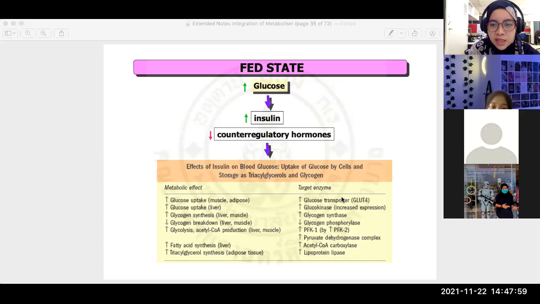We also have fatty acid synthesis and lipogenesis. And then the amino acids will also be used to make proteins and enzymes in our body, and the remaining would be removed in the form of urine. Okay, so that is for fed state.